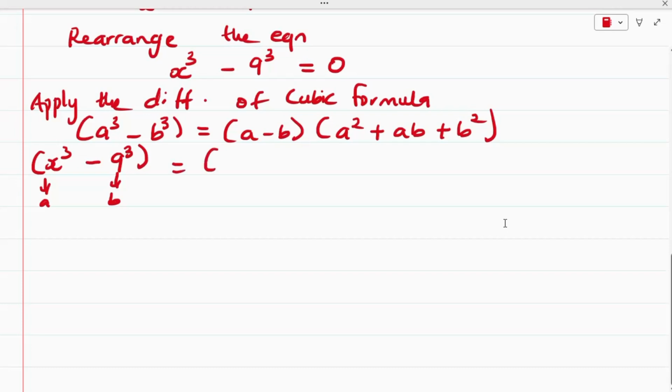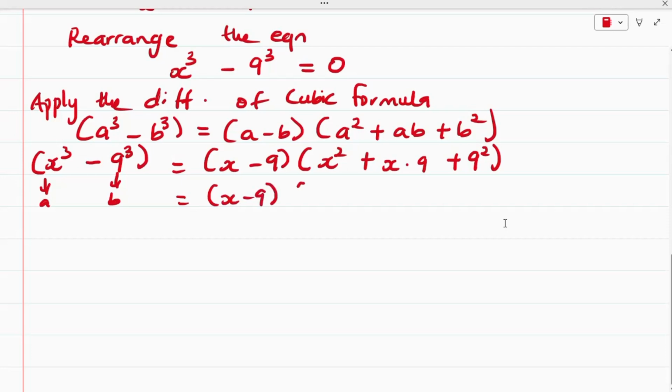So this is equal to x minus 9 into a squared, which is x squared, plus a, which is x, multiplied by b, which is 9, plus b squared, which is 9 squared. So this is equal to x minus 9 into x squared plus 9x plus 9 squared is 81.